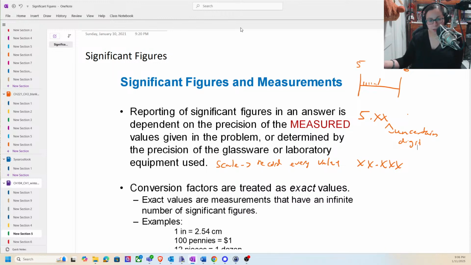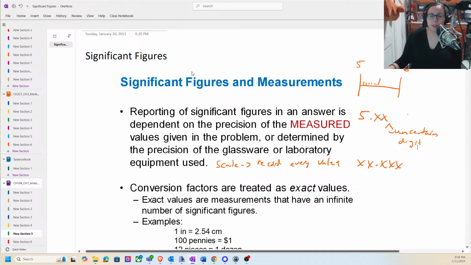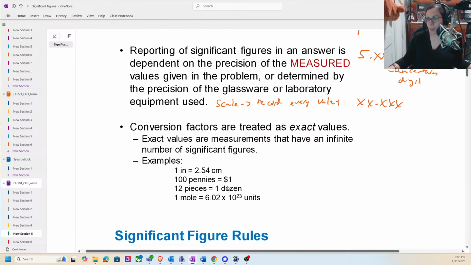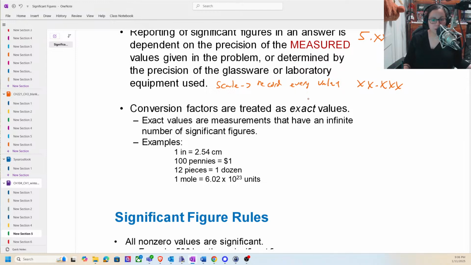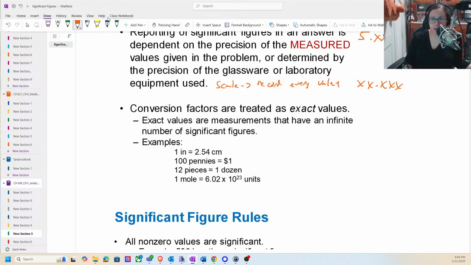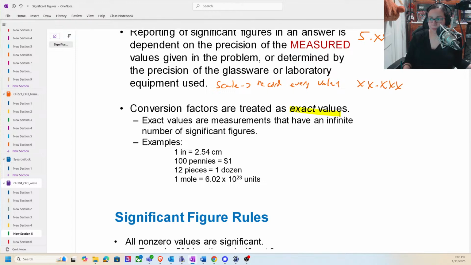All right, so then what we want to understand is how do we write these appropriate sig figs, and then how do we convert them? Some other things to note is don't include your conversion factors when you're trying to figure out your least number of sig figs. They're always treated as exact values.